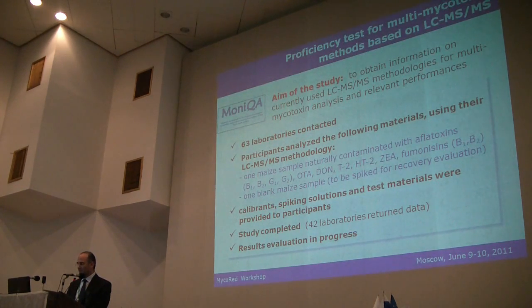This project was within the MONIQUA project, and the aim of this study was to obtain information on the use of LC-MS methodologies for multi-mycotoxin analysis and relevant performance in the European laboratories. 63 laboratories were contacted, and participants analyzed the following material using their LC-MS methodology: one maize sample contaminated with aflatoxin, ochratoxin A, deoxynivalenol, T2, HT2 toxin, zearalenone, and fumonisin, and one blank maize sample for recovery evaluation.